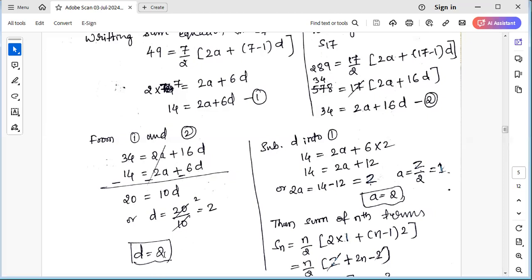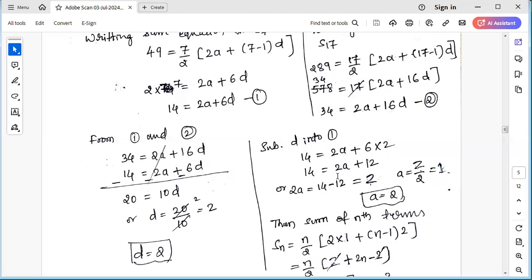Then substitute the value of this d into equation 1. So 14 is equal to 2a plus 6d. d is 2 now, so 6 into 2. So 14 is equal to 2a plus 12. Or 2a is equal to 14 minus 12.